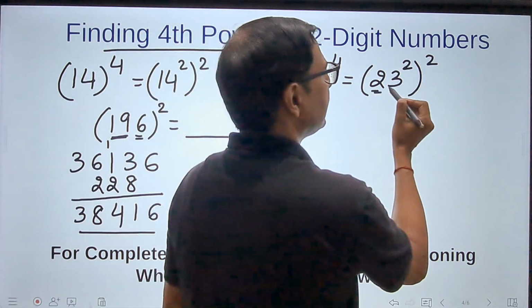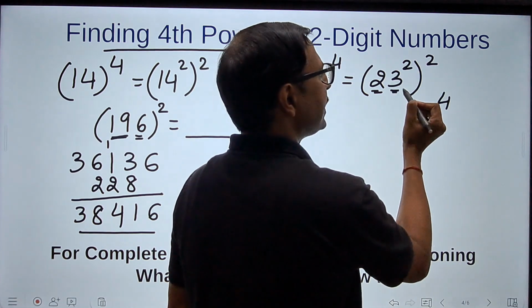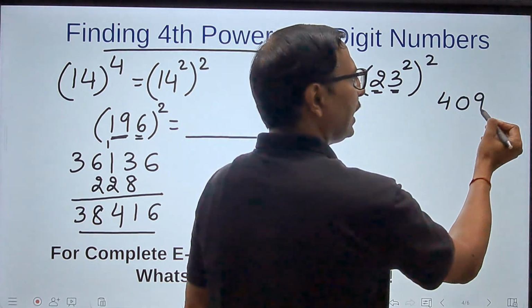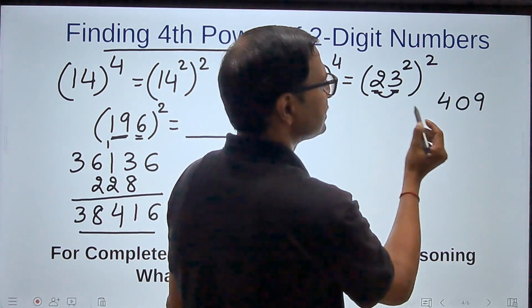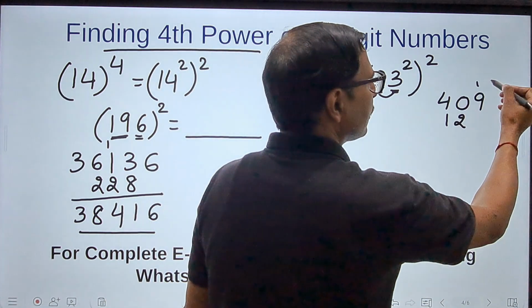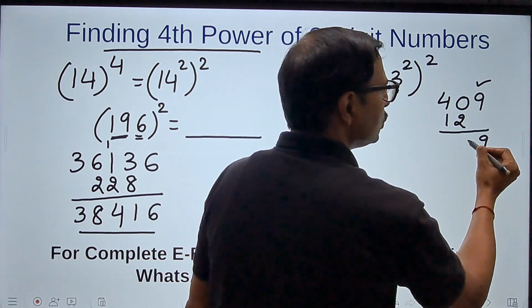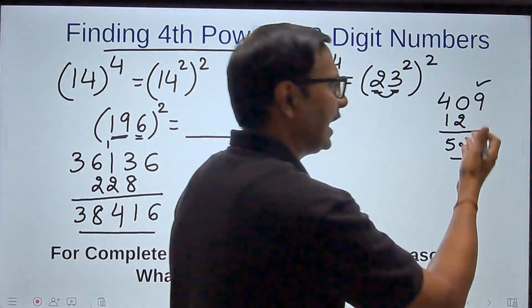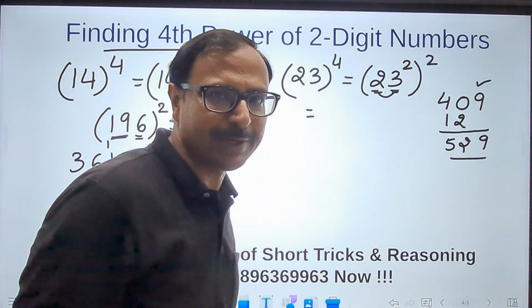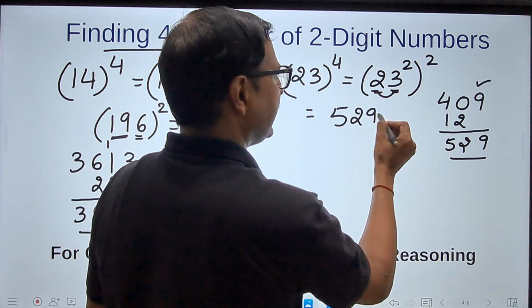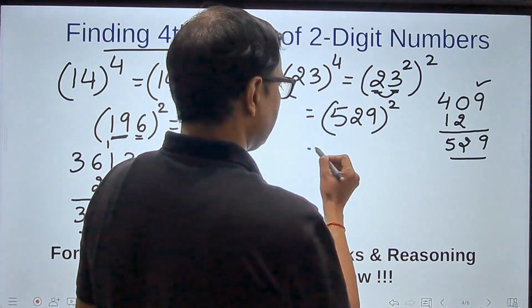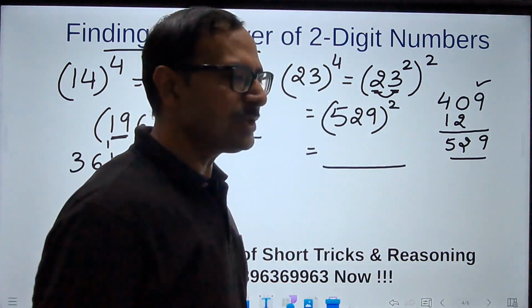So 2 square is 4, 3 square is 9, so I will write it as 09. I always write it as a two-digit number, okay? And then 2 3s are 6, double is 12, so I will leave one digit from here, and then 9, 2 and 5. See, 529. This can be done in 3 or 4 seconds only. Okay, so actually I have to do 529 square, which will give me my final answer for the question.